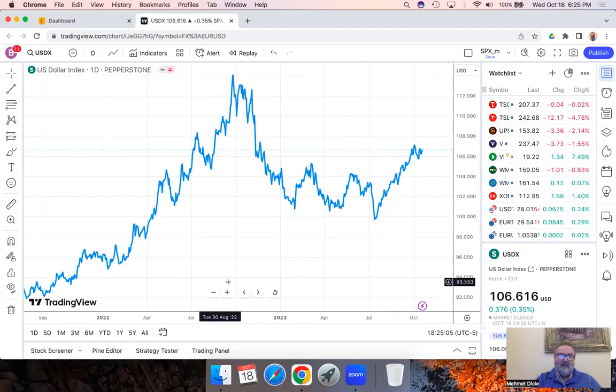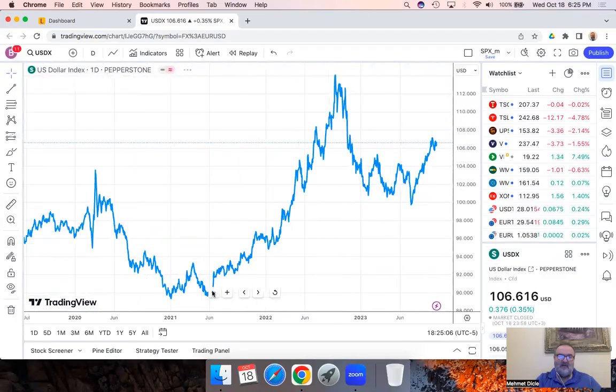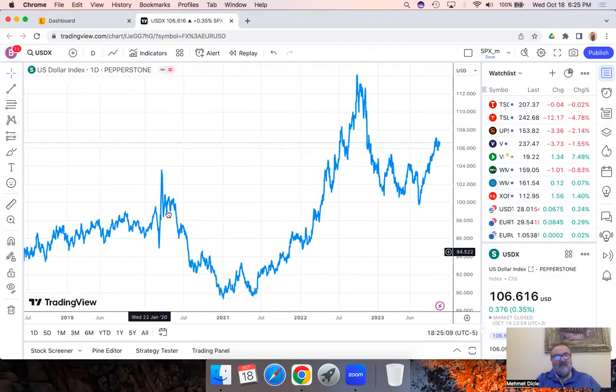So if you look at this since COVID, for instance, notice that first the US dollar has declined about 10%, from 100 down to 90.